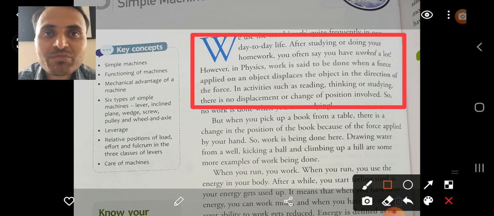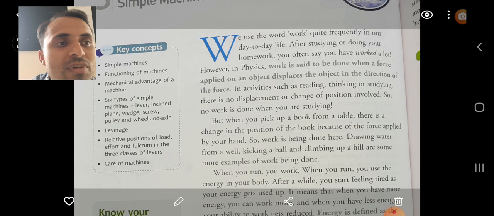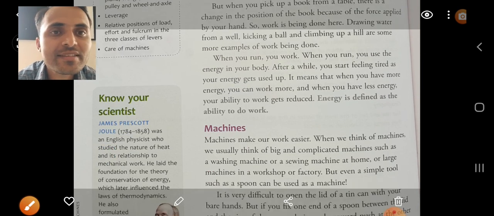So the activity of pulling and pushing is nothing but force, and with the proper force there should be some displacement, some movement of the object, then and only then the work will be done. Okay, and this work is possible with the help of some machines.